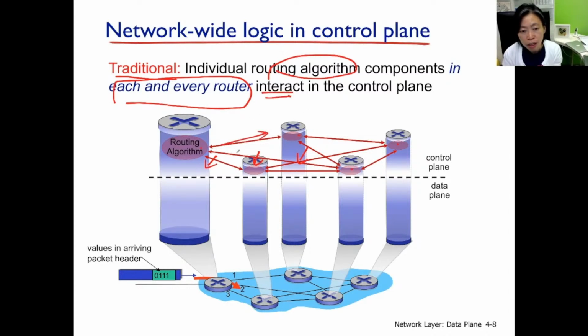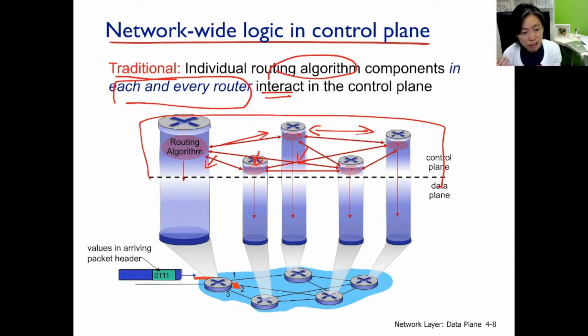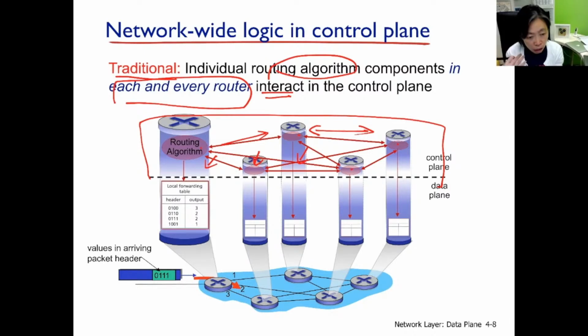There are exchanges of messages between these routing algorithms distributed on the routers, and this is the control plane. As a result of the computation and exchange, they find out what the forwarding table should be for packets going to different destinations, and install the local forwarding table into the data plane. So this is the separation of the control and the data plane.